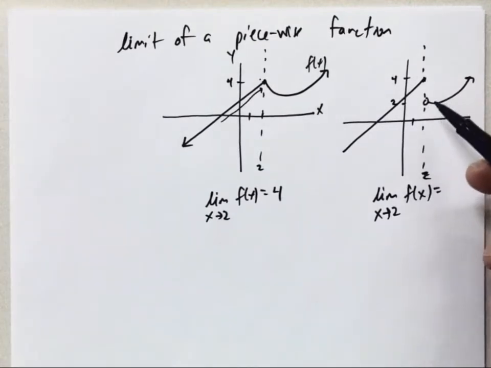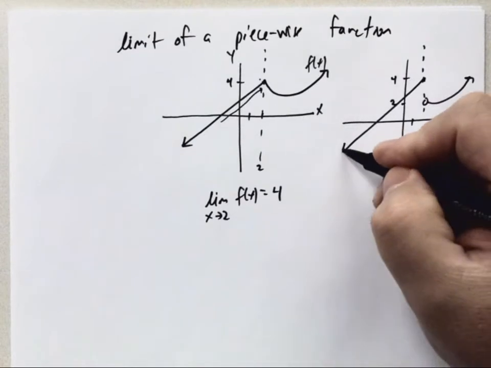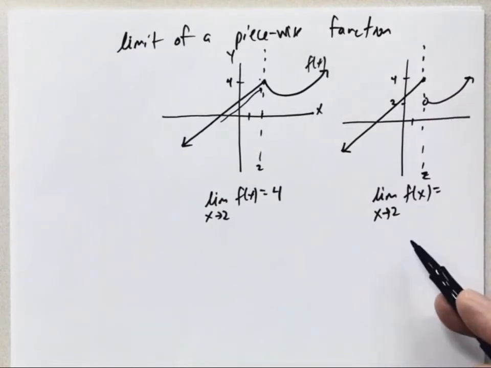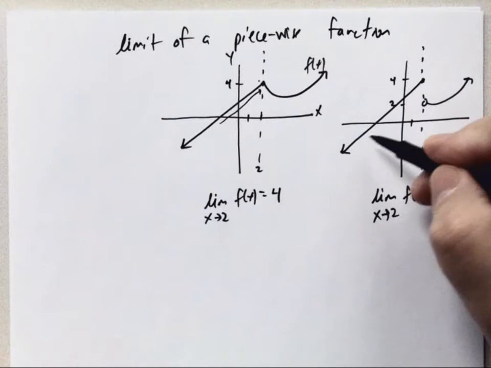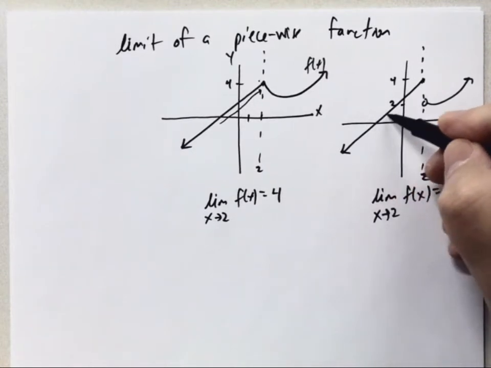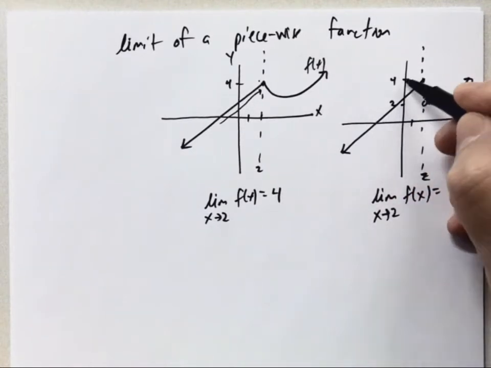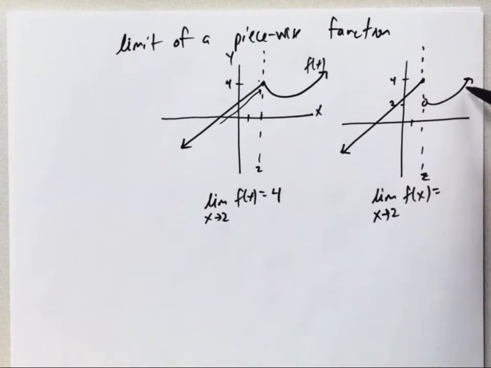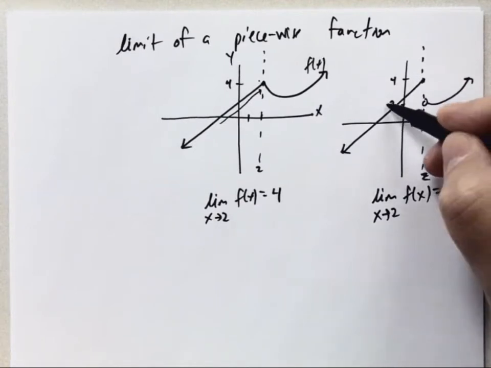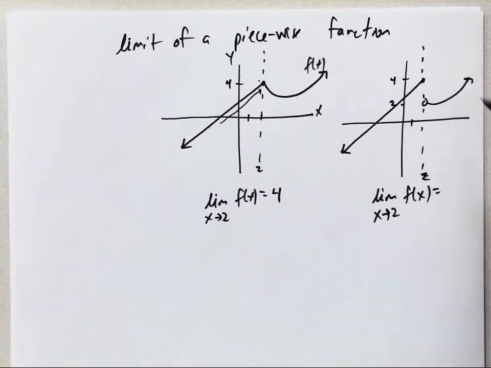They say, what's the limit of this function when x approaches 2? Well, if you look at the low side, as we approach x equals 2 from the low side, it looks like the function is going to be 4. But when we approach it from the high side, looks like the function is going to be 2. So all of a sudden, when you come from the low and the high side, the functions are not the same.